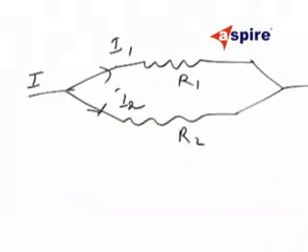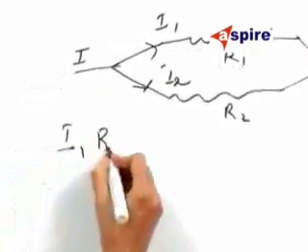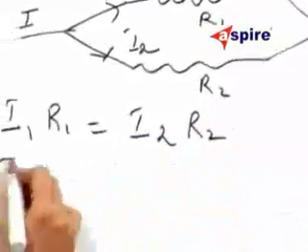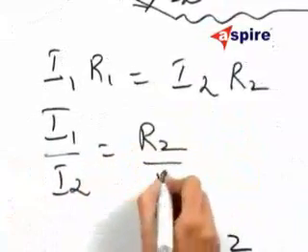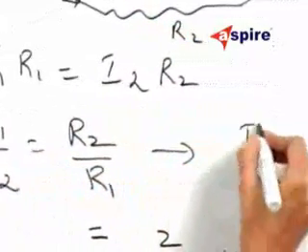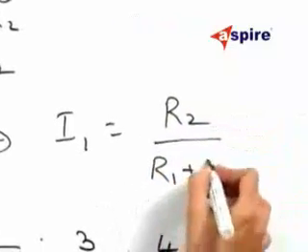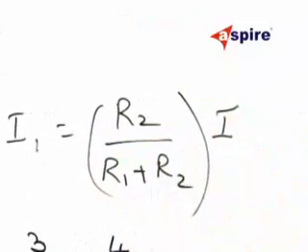So what can we write now? I1 R1 equal to I2 R2. So I1 by I2 equal to R2 by R1. From this we can get I1 as R2 by (R1 plus R2) times the main current I.